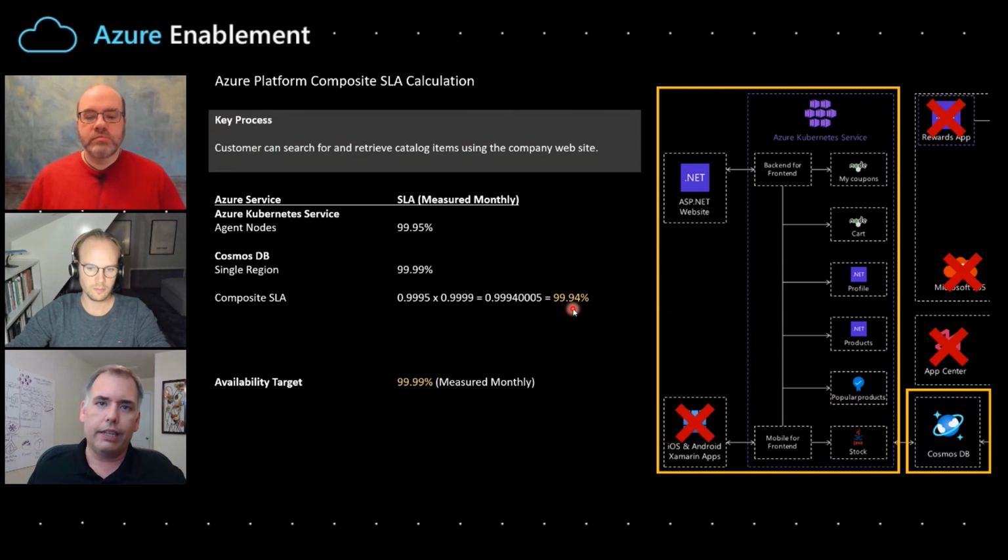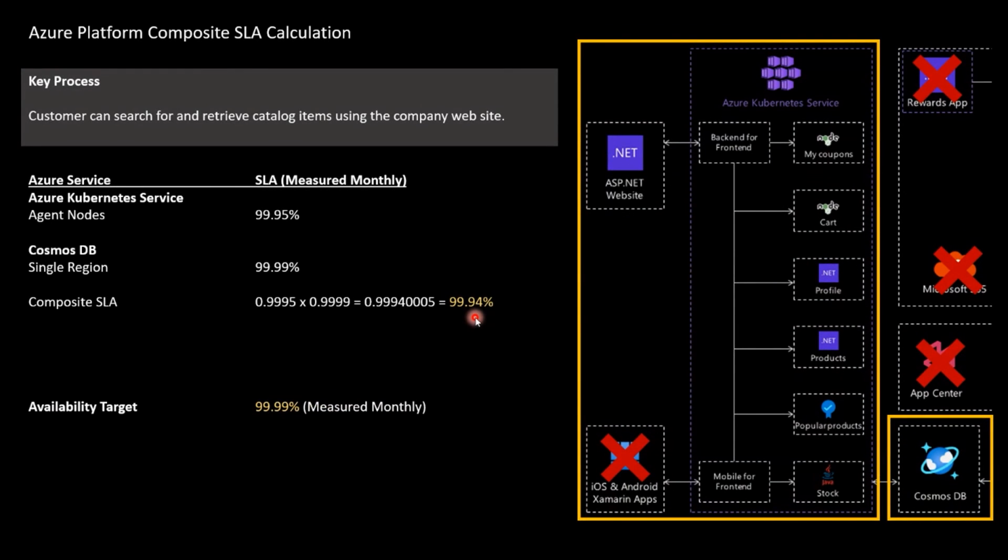And what we find is that the composite SLA for this process, one of your most critical processes, as you identified, is actually closer to 99.94% or just above 3 nines availability. Your original target that you specified was 99.99%.